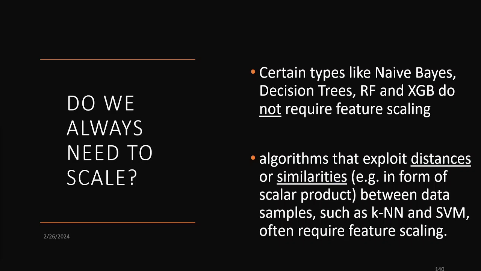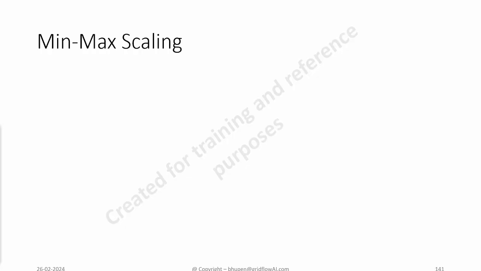Scaling adds one step into the machine learning pipeline, so it makes the pipeline slightly heavier by one additional step. But if you choose machine learning models that are distance based or have something to do with vectors, then scaling is a mandatory step.